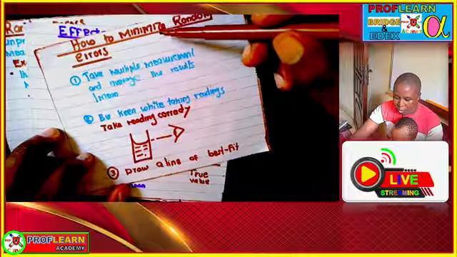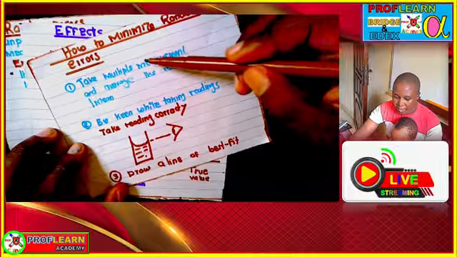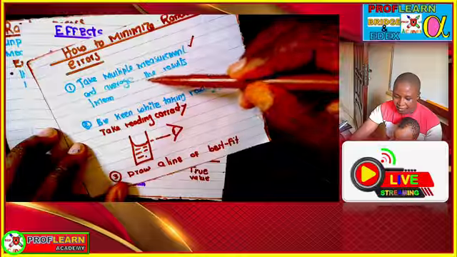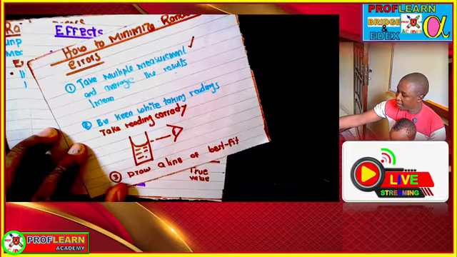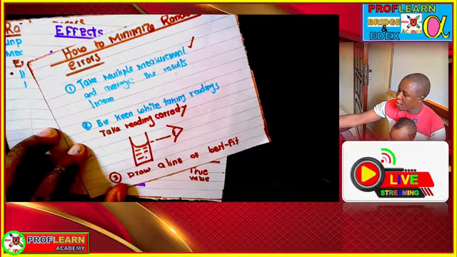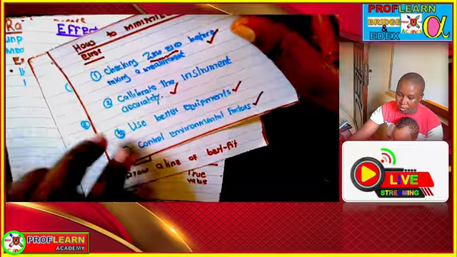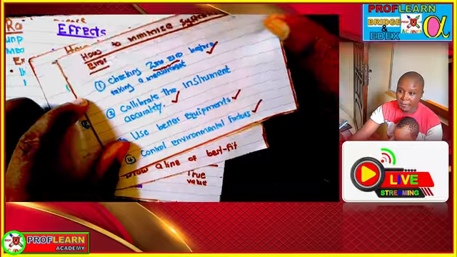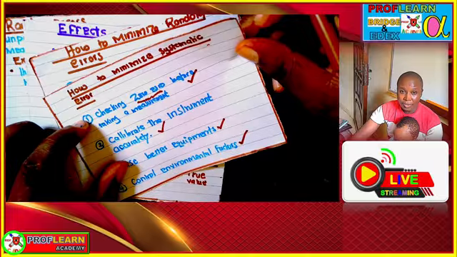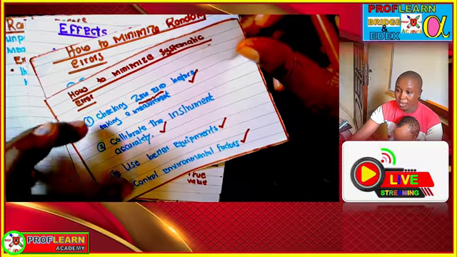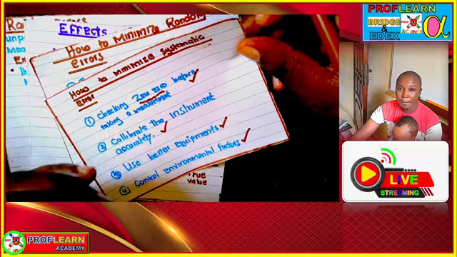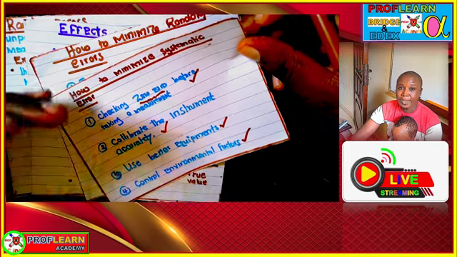Now, how do we minimize random error? You take multiple measurements and find the average. But for systematic error, you cannot take multiple measurements and then find the average, because all the measurements are shifted by the same value in a particular direction.